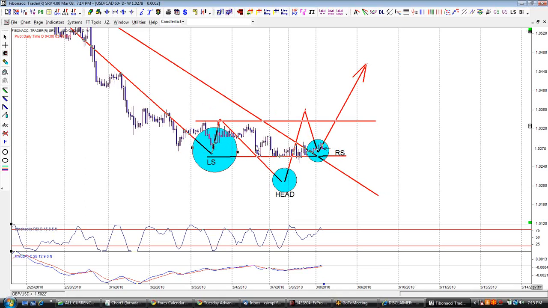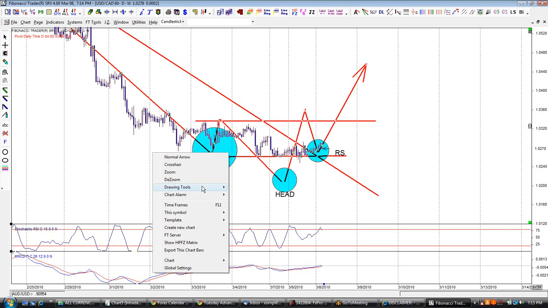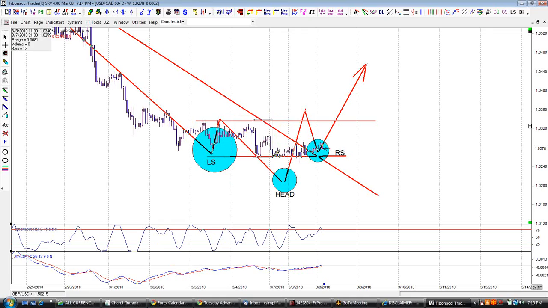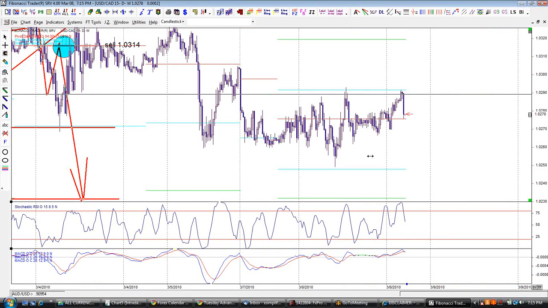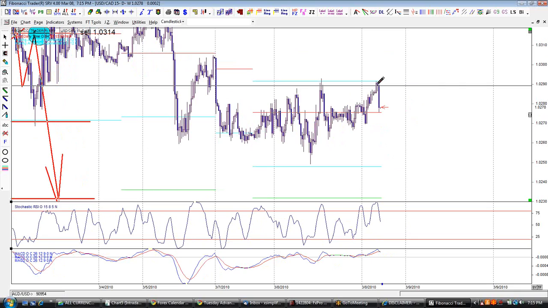Now we have been trading the last couple of days in this consolidation. It is an 80 pip consolidation. It would be nice to see a breakout of it and then retest, or at least we can go even to a lower time frame and find, because there is a tighter consolidation here, and trade this breakout.